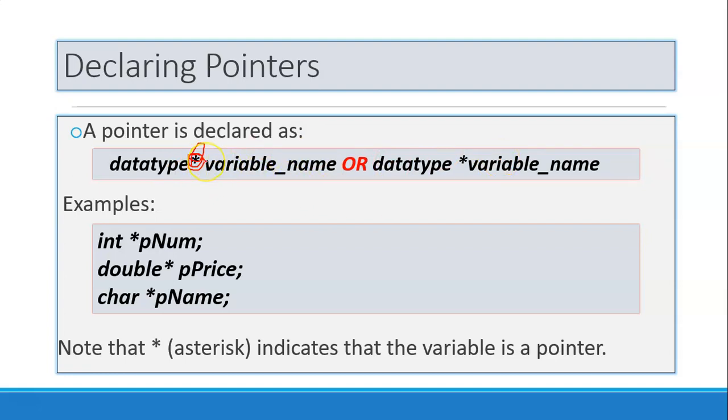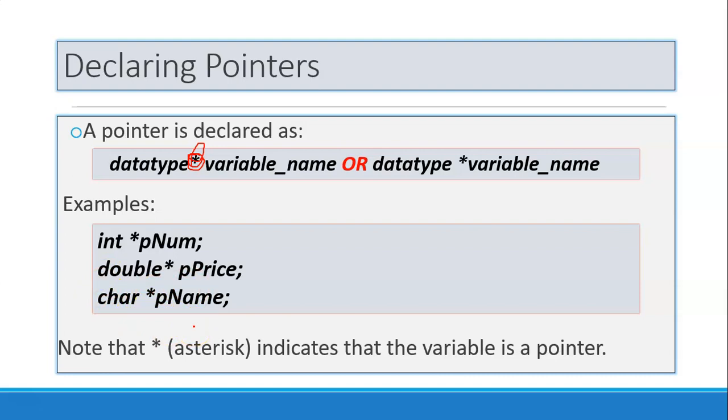We can have the asterisk as part of the data type, or you can have your asterisk as part of the variable name. For example, int *pnum. So the variable pnum is a pointer because of this. This one, pPrice, is also a pointer. But as you can see, the star or asterisk is on the data type side, and this one is also a pointer.